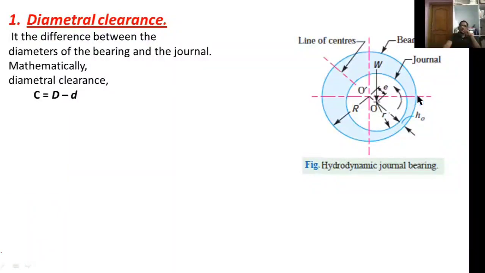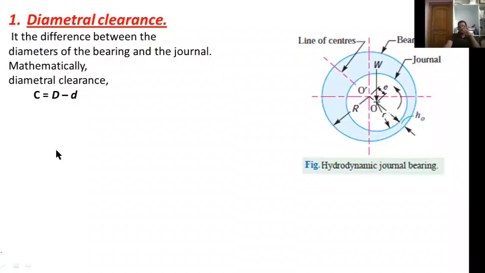From here to here the diameter is capital D, and from here to here the diameter is small d. The difference, capital D minus small d, is diametral clearance, indicated by symbol capital C.